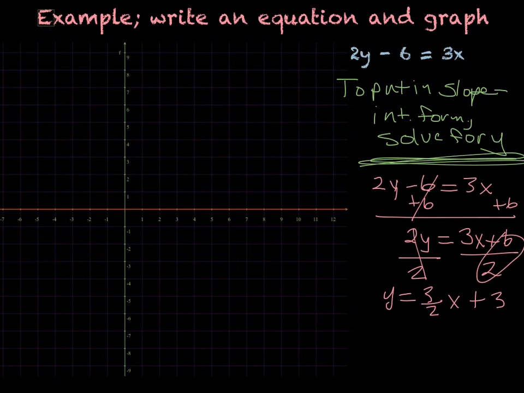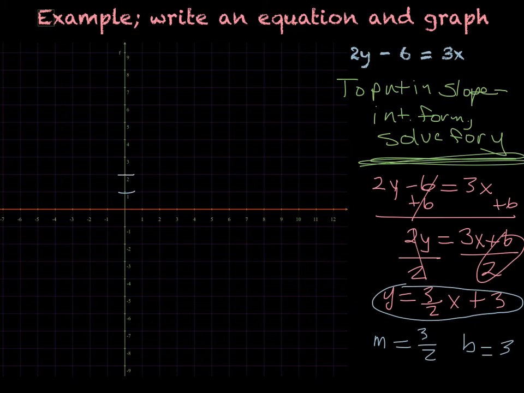So that is my slope-intercept form, and m is 3 over 2, and my b is 3. So I'm going to graph, cross my y-intercept at 3.